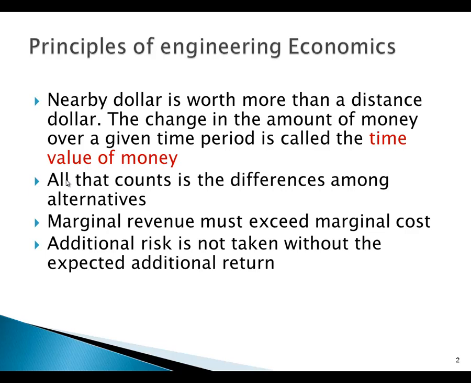When evaluating alternatives and making an economic decision, marginal revenue must exceed marginal cost. An additional risk is not taken without expected additional return. You don't risk your investment unless you know that there is additional return.